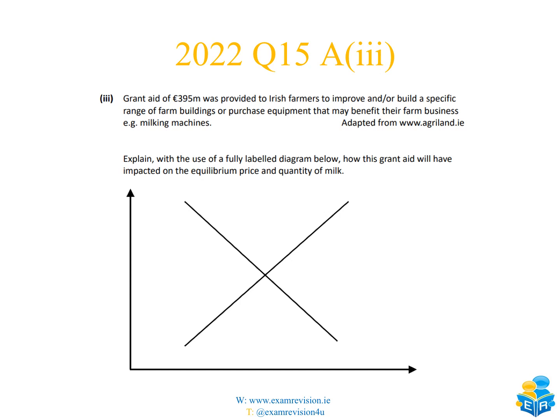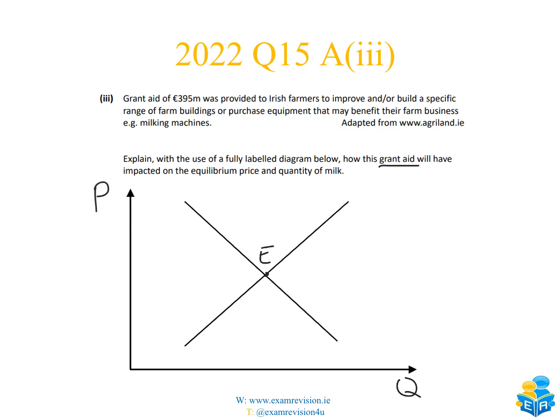Okay, so we're looking at a grant aid, number one. We have to decide whether that affects demand or supply, first of all, and then we have to decide whether it's going to cause a shift to the left or shift to the right. So the first thing we're going to do, as always, is label our diagram P and Q, and label our equilibrium position.